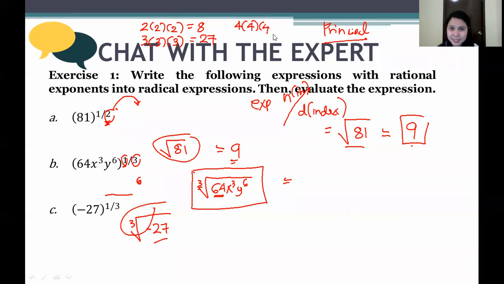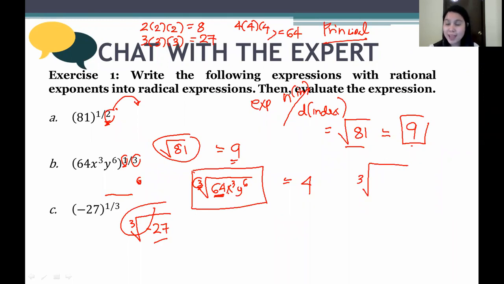The answer is 4 times 4, 16, times 4 is 64. Therefore, the cube root of 64 is 4. Since there is a definite answer for that, we place 4 outside. Let us see if there will be anything left in the cube root inside.